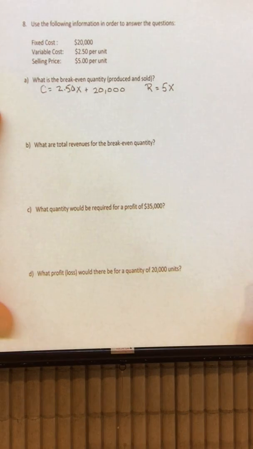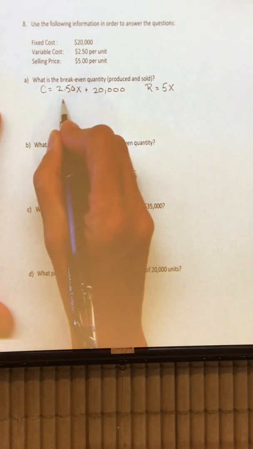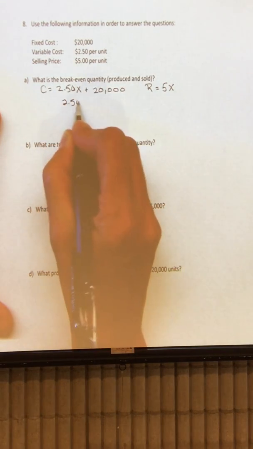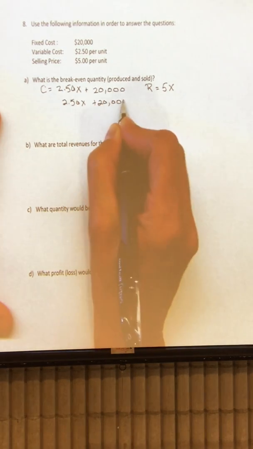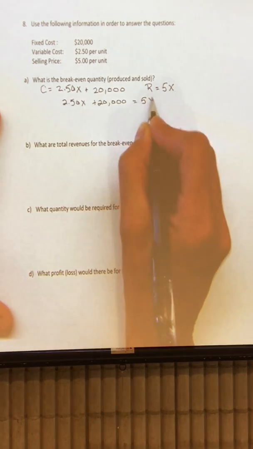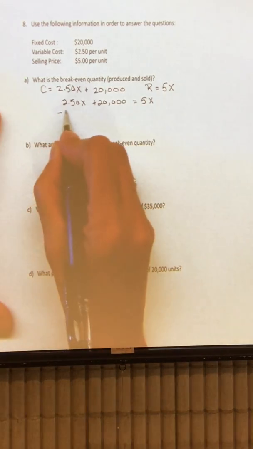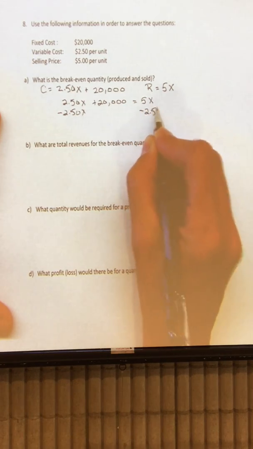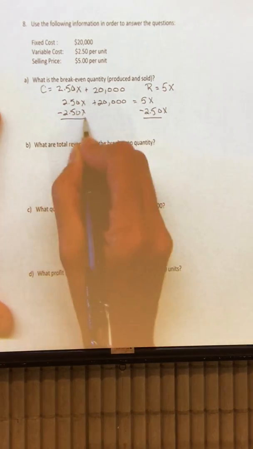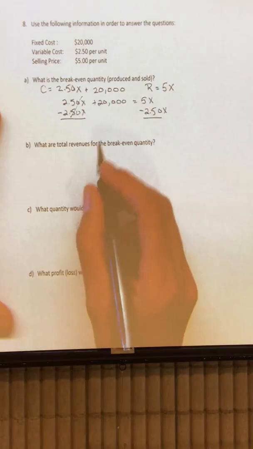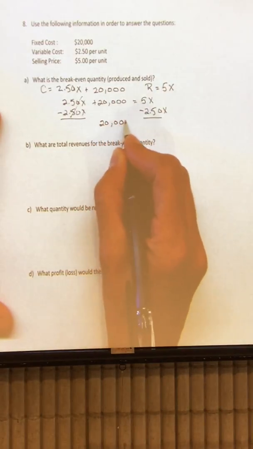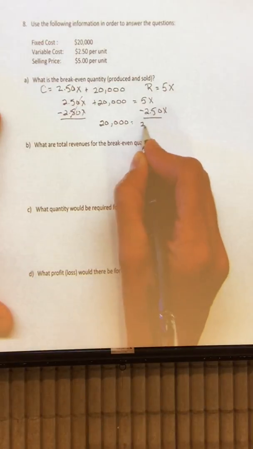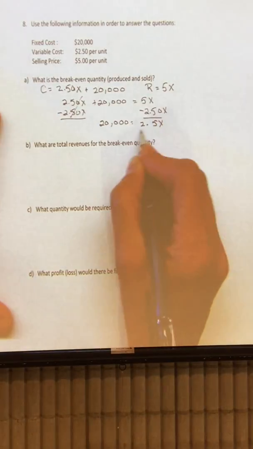To determine our break-even, we set the cost function equal to the revenue, and we solve for x. So we subtract 250x from both sides. So we have 20,000 is equal to 2.5x.